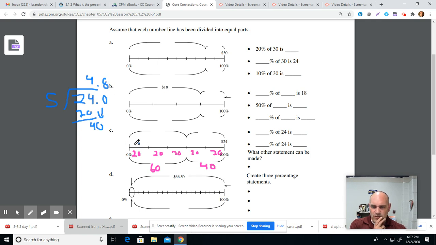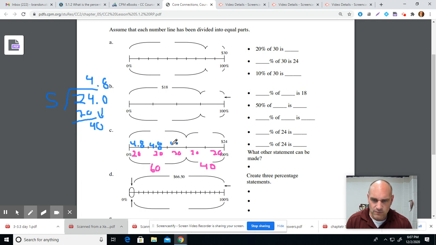So every one of these chunks is going to be worth 4.8. All right, because that will get me to 24. So I took my 24 and I split it up into 5 pieces. So every chunk is going to be worth 4.8.